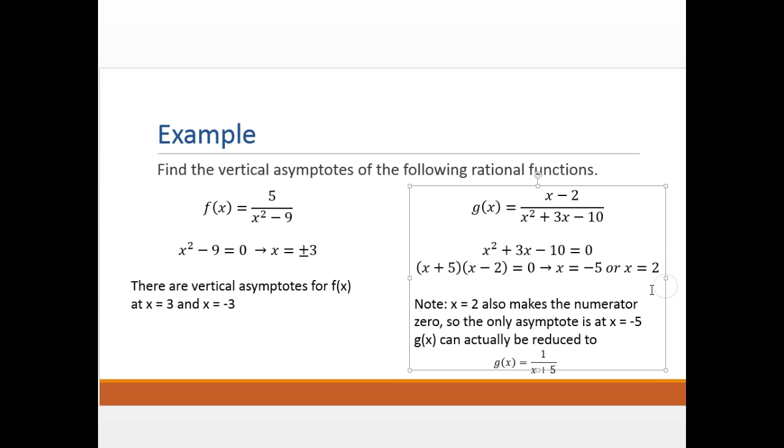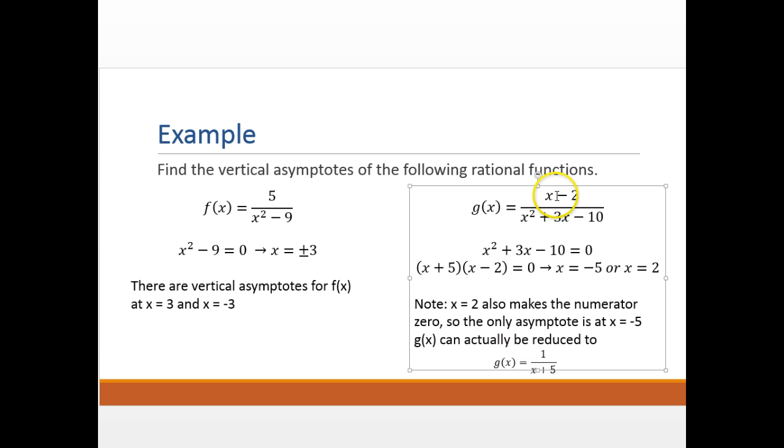That means either x equals negative 5 or x equals 2. Now again, we have to check these, because if we take 2 and plug it into the numerator, it makes the numerator 0 also. So x equals 2 is not a vertical asymptote. Only x equals negative 5 is a vertical asymptote.